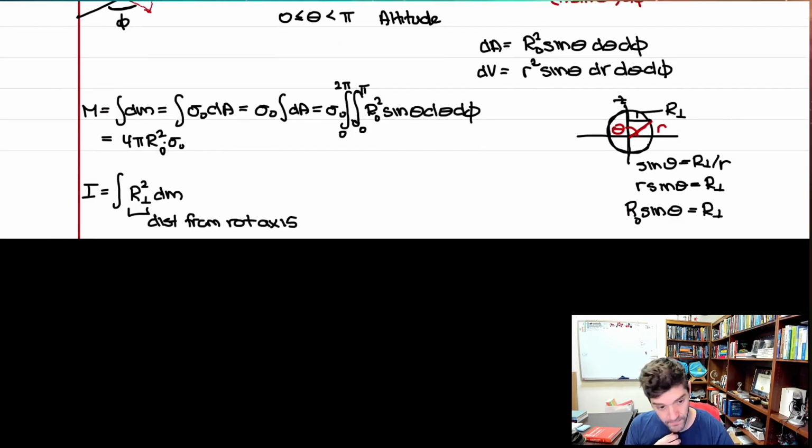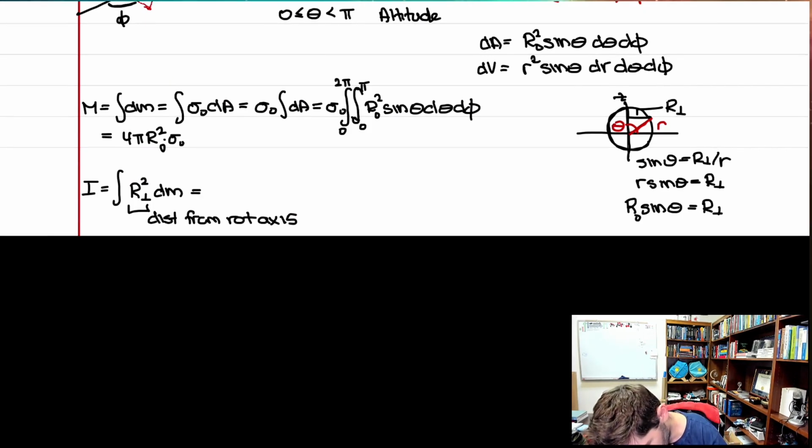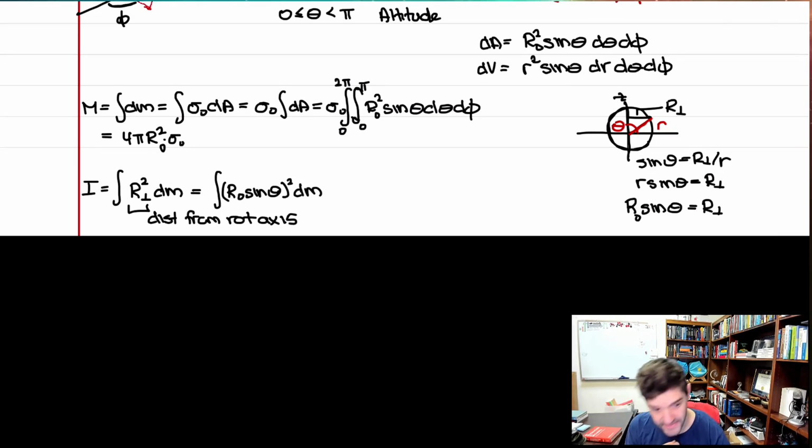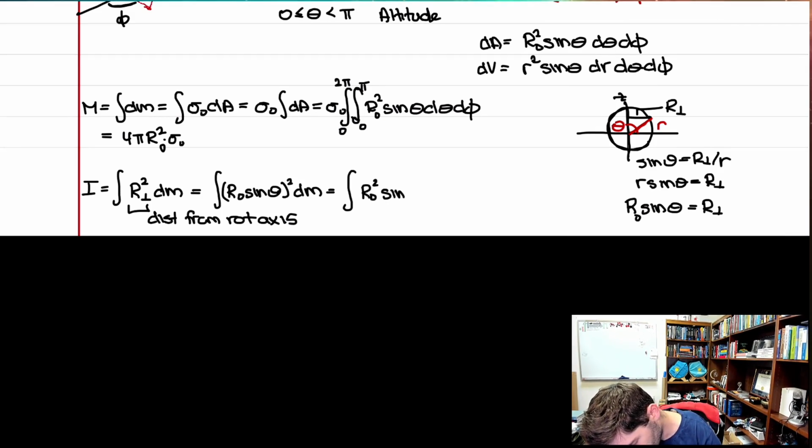Because then this becomes an integral where we've now figured out r perpendicular. It's r naught sine of theta, all squared, multiplied by dm. This ends up being an integral of r naught squared sine theta squared. And then dm we said is sigma naught times dA, which is r naught squared sine of theta d theta d phi.